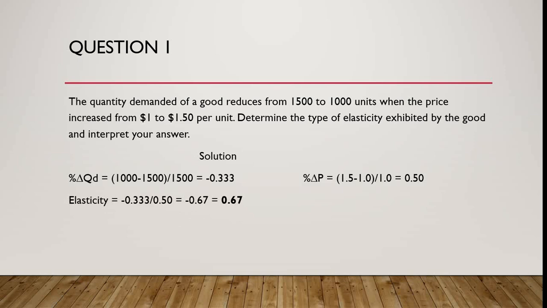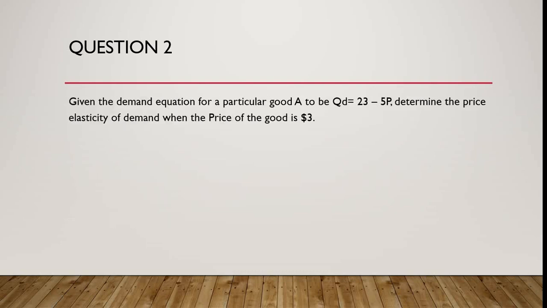So the elasticity is going to be negative 0.67. So the absolute value is 0.67, and you can see that this elasticity is less than 1. If elasticity is less than 1, we say the type of elasticity exhibited by the consumers is inelastic. Demand for the good is going to be price inelastic.